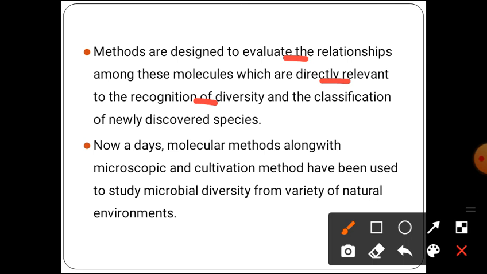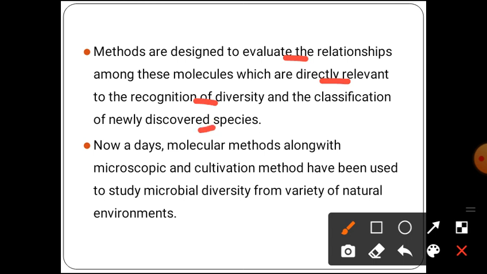To know the relationship between the molecules, which are nucleic acids, proteins, lipids and carbohydrates. All of these are directly relevant to the recognition of species. These macromolecules are directly connected to recognition of diversity and the classification of newly discovered species.